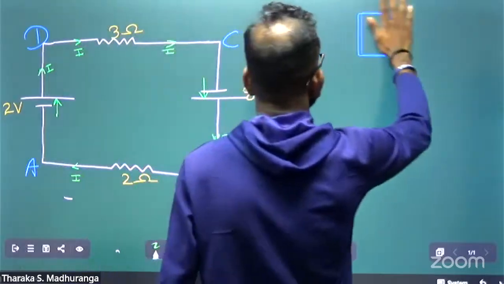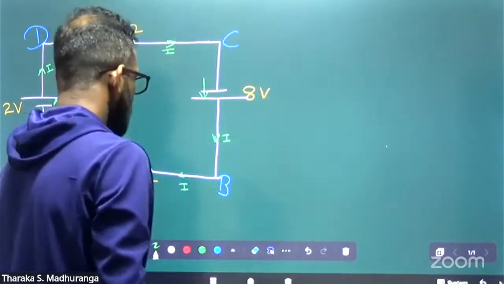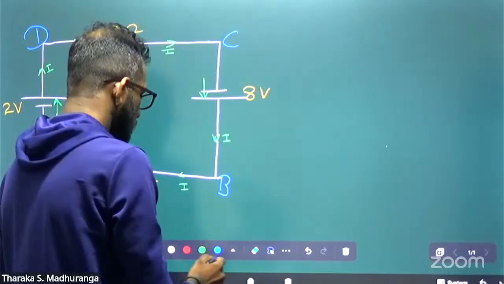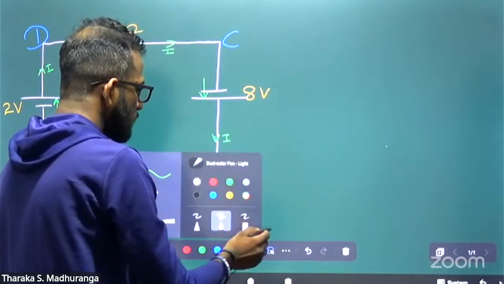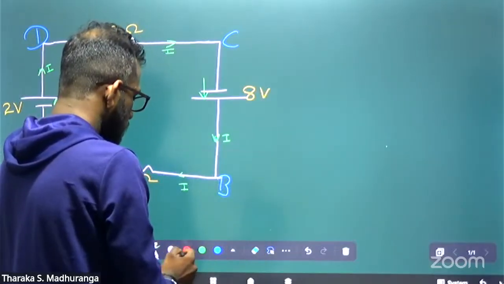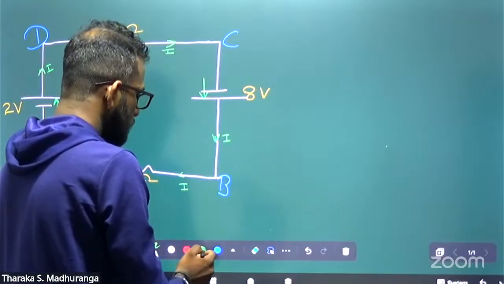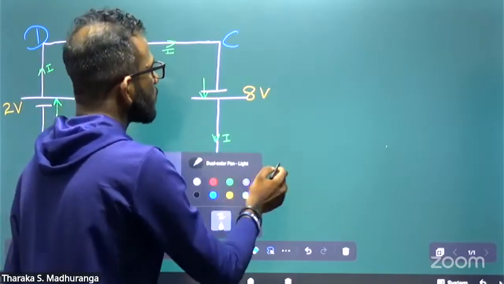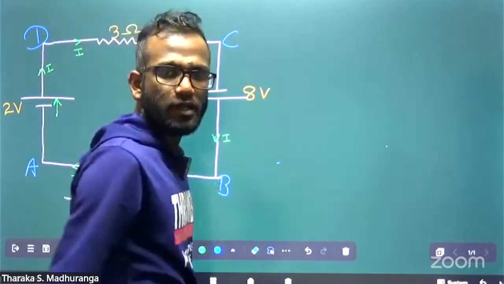Then what's the next step? Then I am going to write the cell code loop coordinate. Then I am going to apply Kirchhoff's second law.